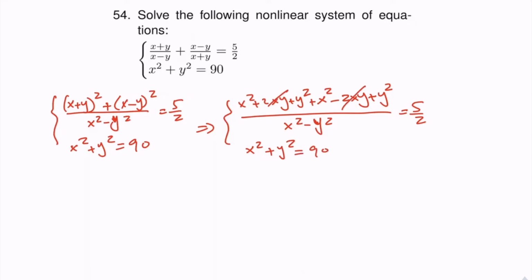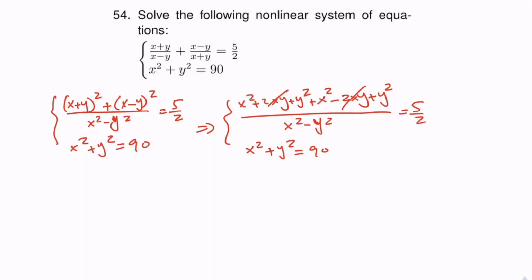So you can see that all the terms in these two equations are of the order of 2. So it is a homogeneous equation, and we can now apply the systematic method that we discussed in one of the previous problems that is linked in the comment section below.